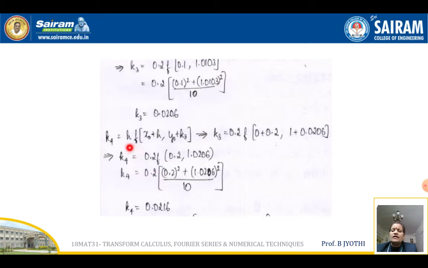And k4 is h into f of x naught plus h comma y naught plus k3, which gives k4 as 0.2 times f of 0.2 plus 0 comma 1 plus 0.0206, which on computation we get 0.0216.